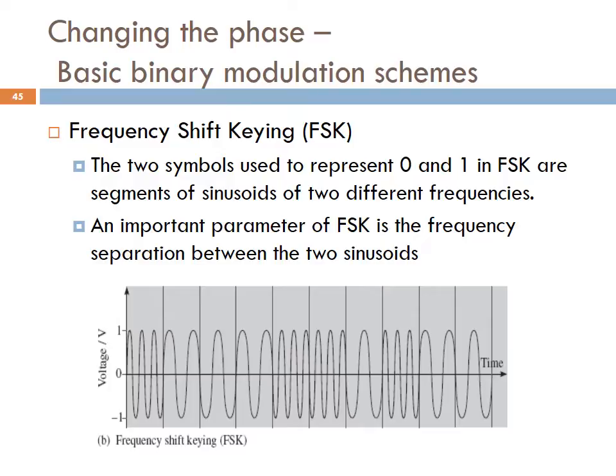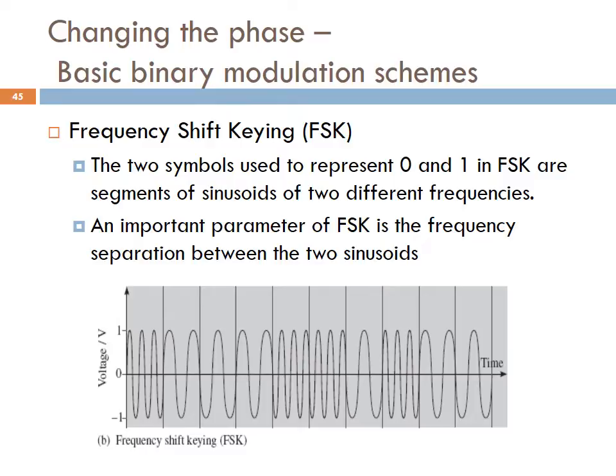In FSK we will change neither the amplitude nor the phase, but we will change the frequency. So one symbol having a frequency f1 will represent a bit 0, and another symbol having another frequency f2 will represent the bit 1, and so on.